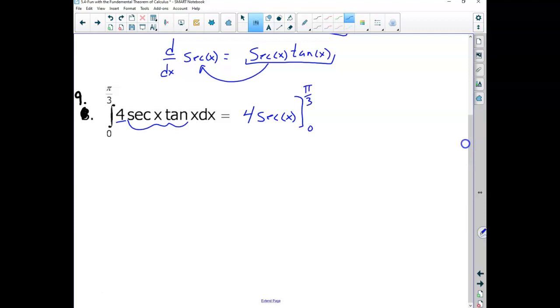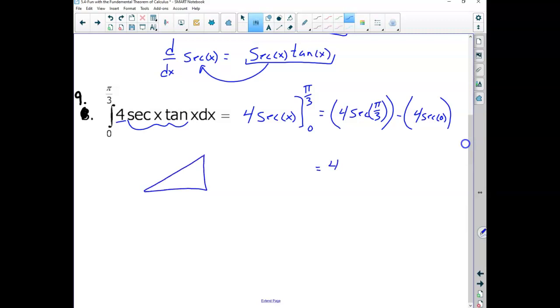You mean I need to know my trig? Yes, you do. So that's going to be 4 secant pi over 3 minus 4 secant of 0. And what does that give me? I was always cut from the cloth of a 1, 2, square root of 3.